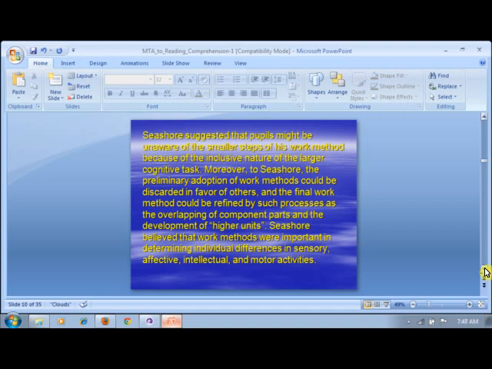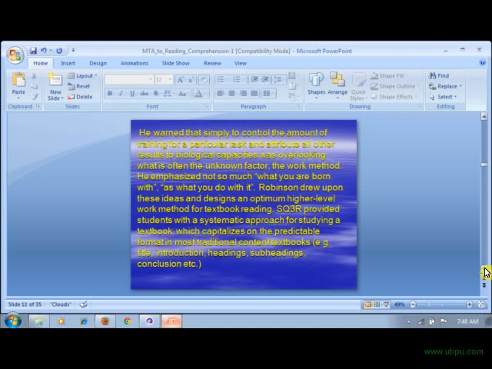Seizur believed that work methods were important in determining individual differences in sensory, affective, intellectual, and motor activities. He warned that simply to control the amount of training for a particular task and attribute all other results to biological capacities was overlooking what is often the unknown factor, the work method.